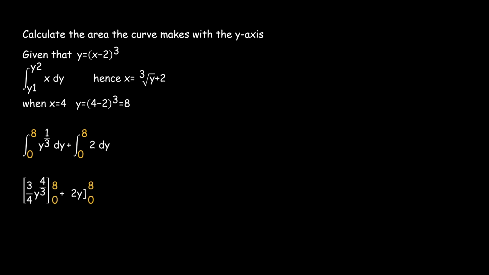This would be y to the power 4/3 divided by 4/3, plus 2y. And if you rearrange the fraction, you have 3/4 of y to the power 4/3 from 0 to 8. Substituting the limits in each of these, we would have 12 plus 16, which is equal to 28 square units.